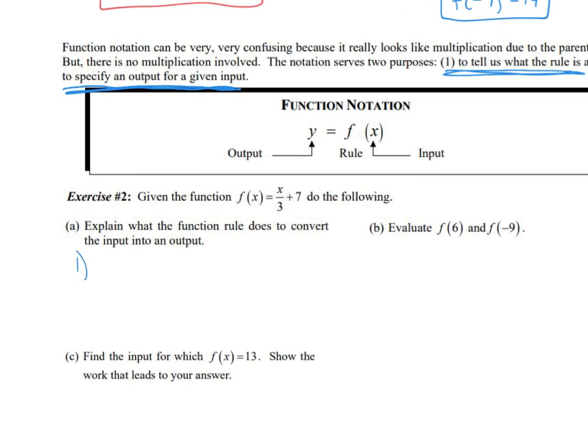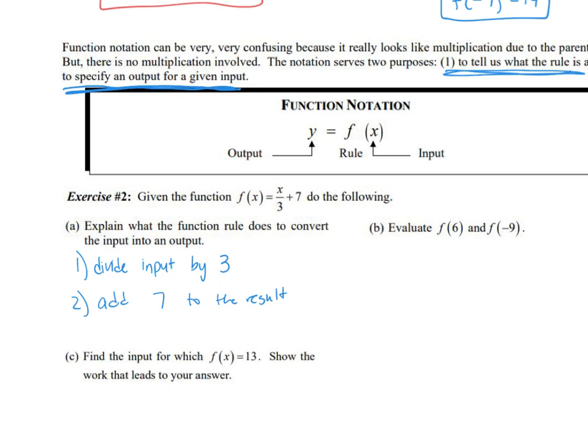So our first step is we divide the input by 3. Once we're done with that, we add 7 to the result. So first we divide that input by 3, and then we're adding 7 to the result. That's the rule we're following here.